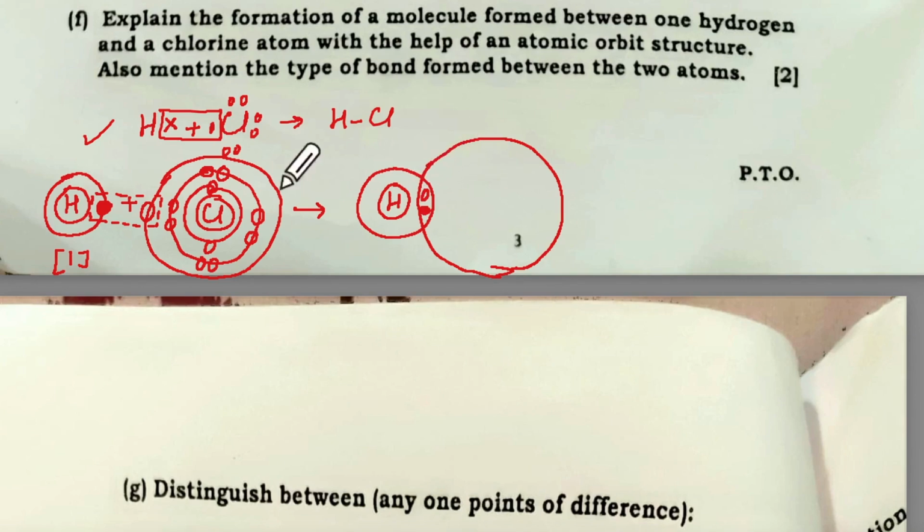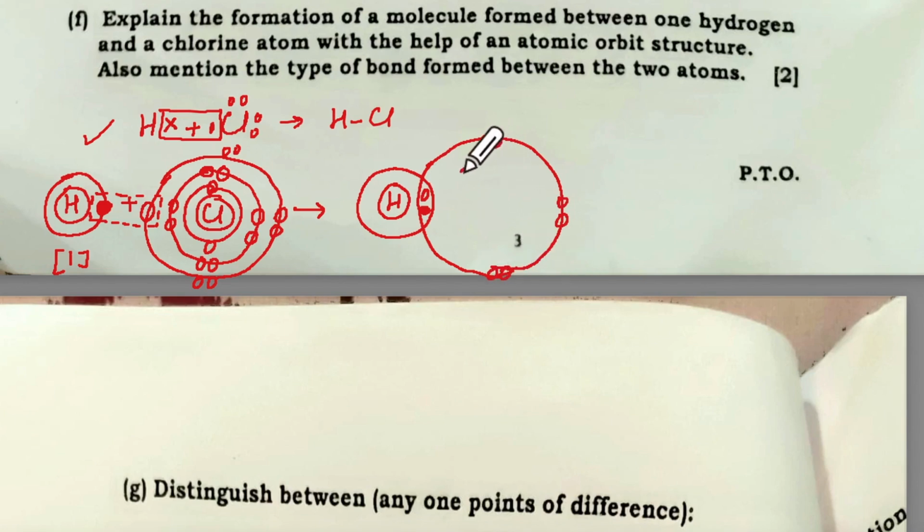Okay, and in the last shell there are, 1 minute, what did I show? 1, 2, 3, 4, 5, 6, 7, 8. Oh, I didn't show the other electrons. I should have shown the 7, no? Yeah, so 1 here, 2, 3, 4, 5, 6, 7.